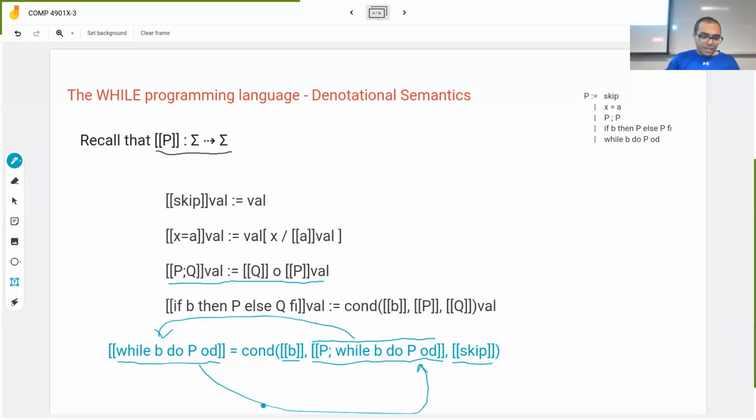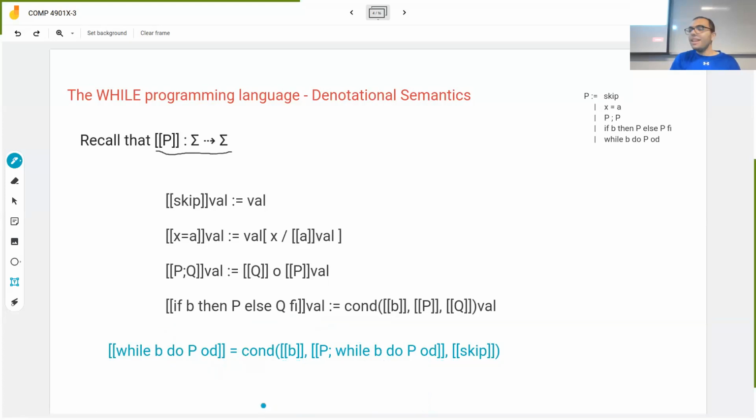Okay. So what can we do? Any ideas? Intuitively, it should make sense to you that there is a function that gives me the meaning of while, right? There is a function of this form for every program, because intuitively, I already know about operational semantics.